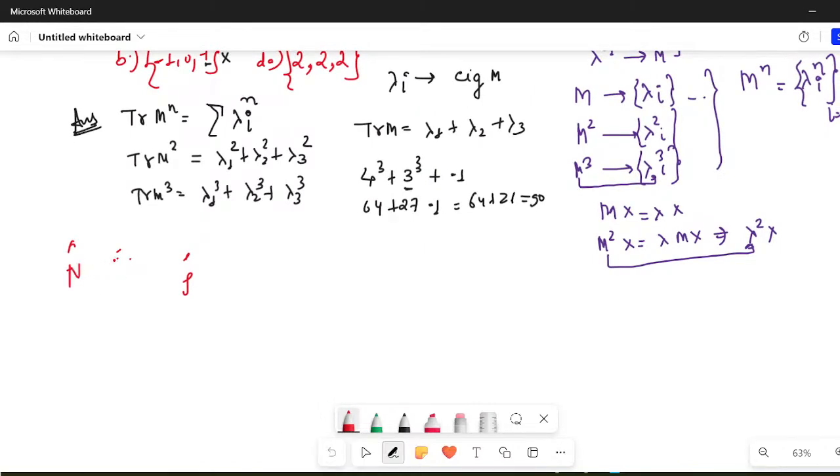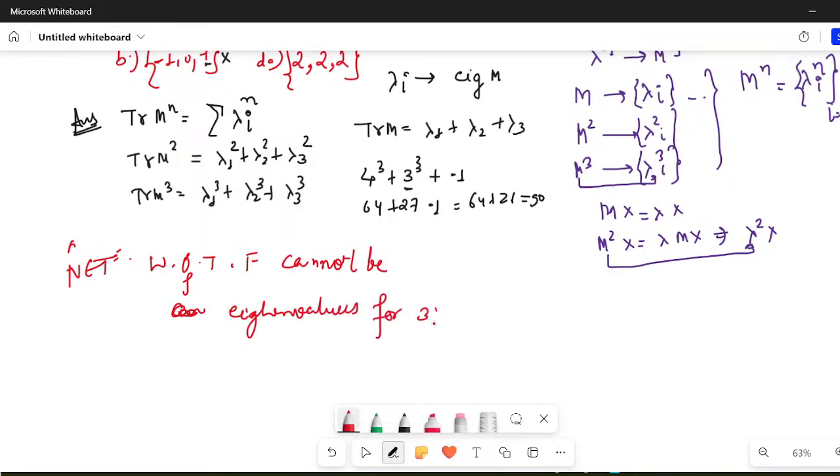I'm writing: which of the following cannot be the eigenvalues for a 3 cross 3 matrix? Option number A, which was given in the exam, was 2i, 0, minus 2i.